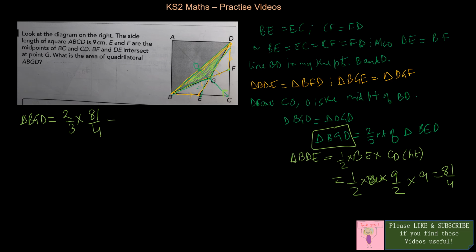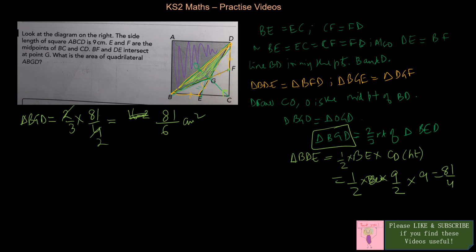So that is 162 over 12, that is 81 by 6 centimeter square.